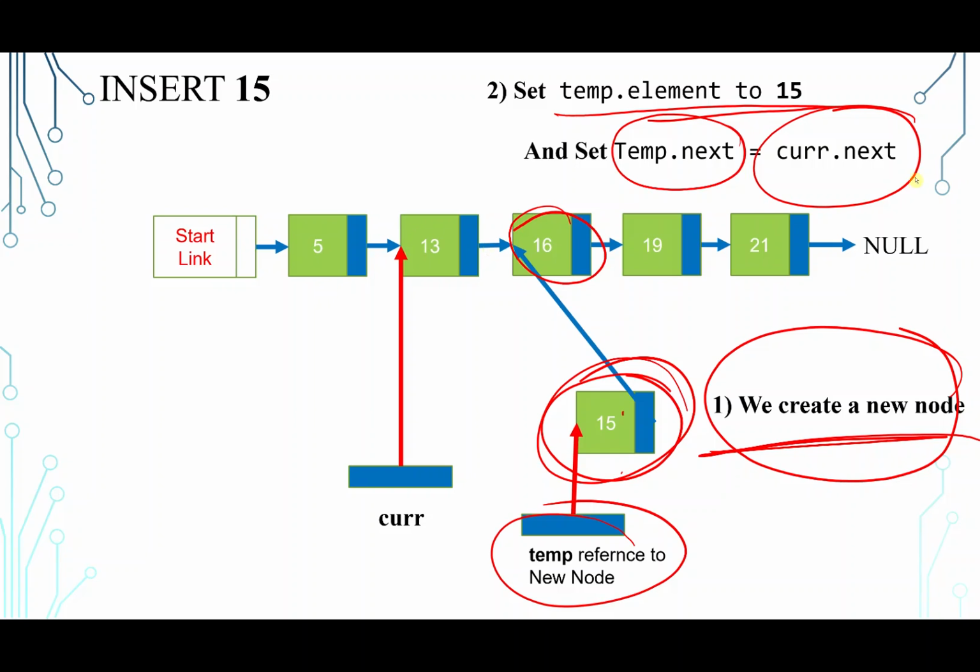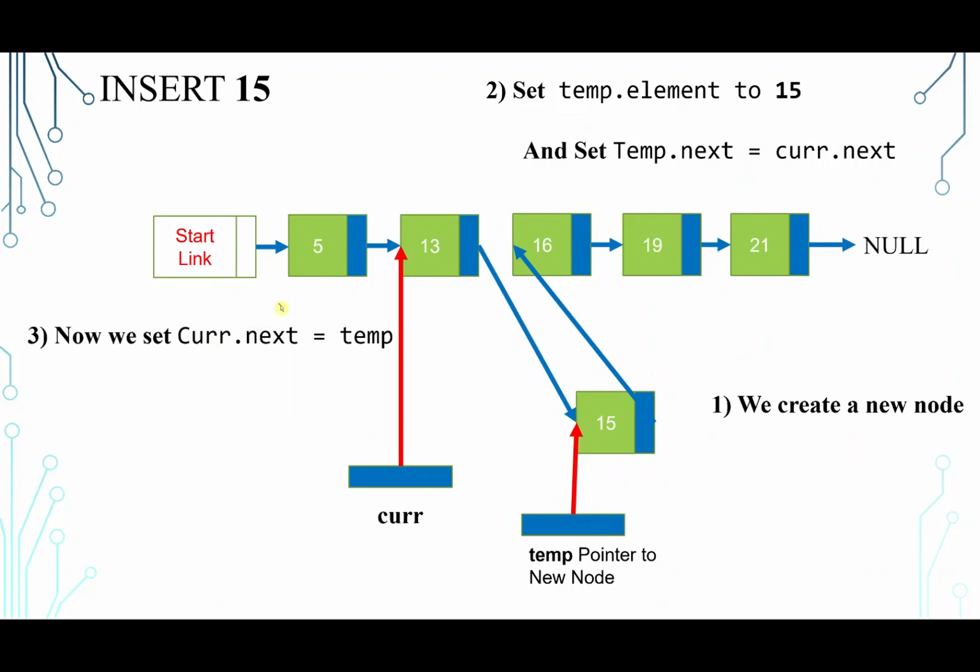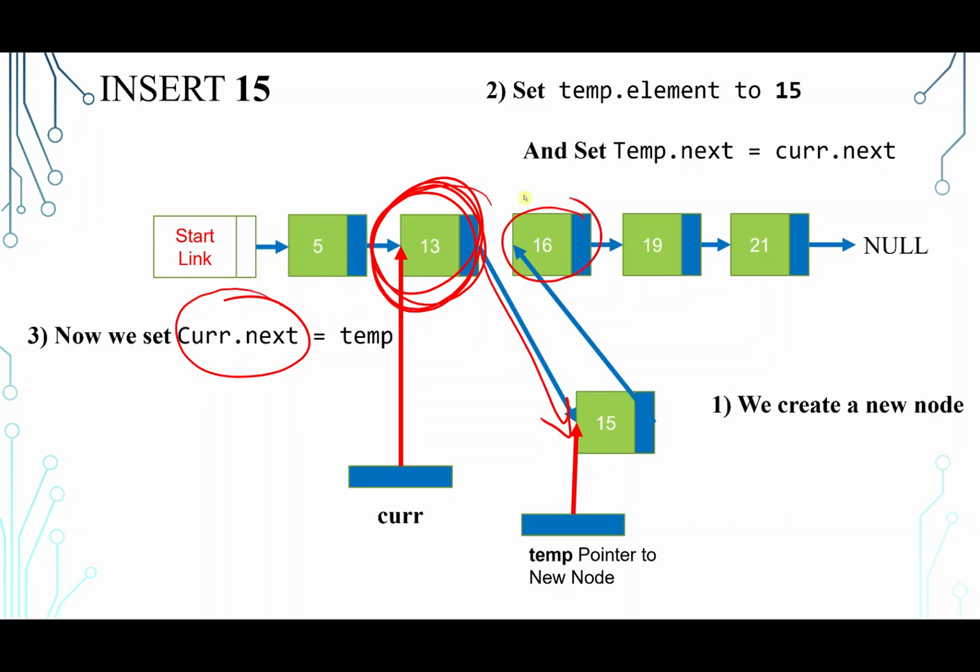So this is the second step. Third, you're going to say current.next equals temp. The pointer of that link or that node is now pointing at 15, not the 16.